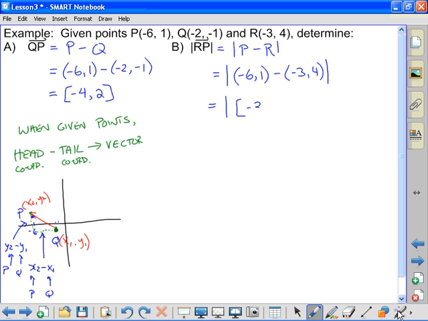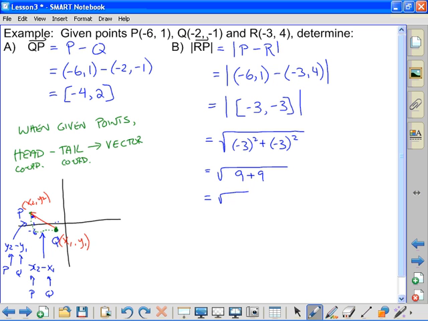So it'll be -3, and 1 take away 4, also -3. Now, when I go to do the magnitude calculation, I'm finding the square root of the x component squared plus y component squared. So that's really 9 plus 9. So the square root of 18, and because there's no units, we just call it units.